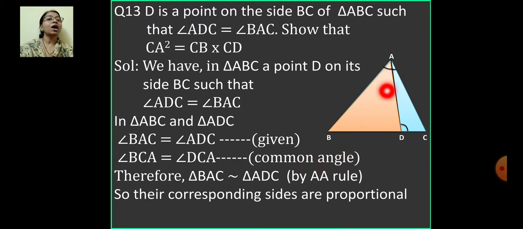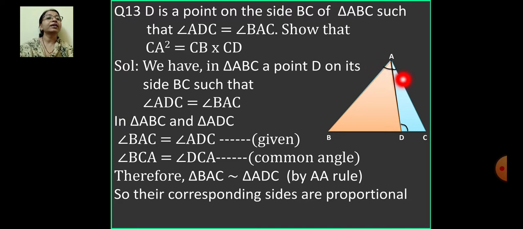So the two angles of one triangle are respectively congruent with the corresponding two angles of the other triangle. Therefore, triangle BAC is similar to ADC. See, 1-1 correspondence.